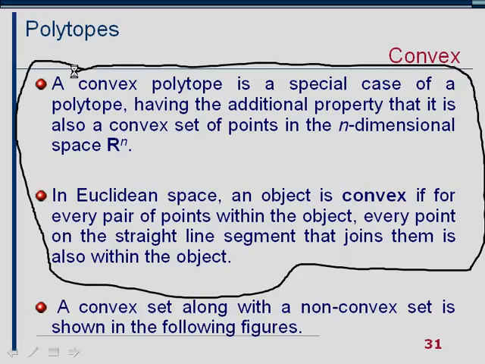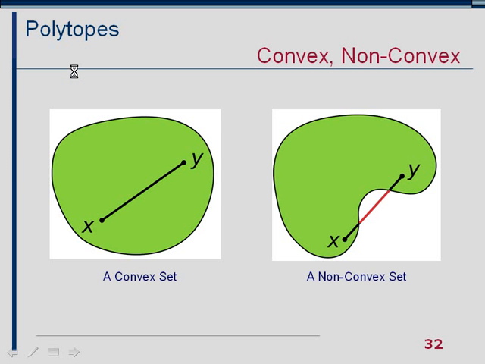So the easiest way to understand what they mean is to look at a simple graphic, and then it becomes instantly clear. If this is our region, this green area, how do we determine if it's a convex set? You can pick any 2 points, so we'll say we're going to pick x and y, and this is for any dimensional space, so not just 2 dimensions or 3 dimensions, it could even be 100-dimensional space.